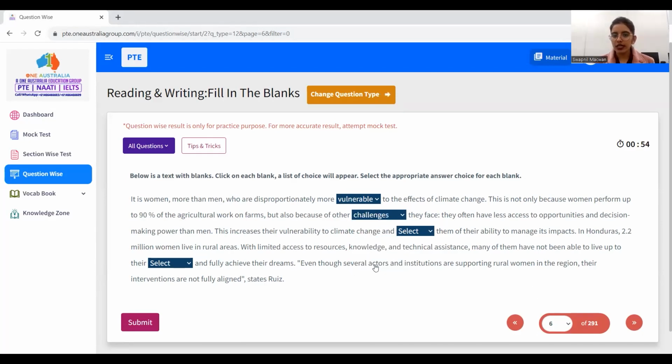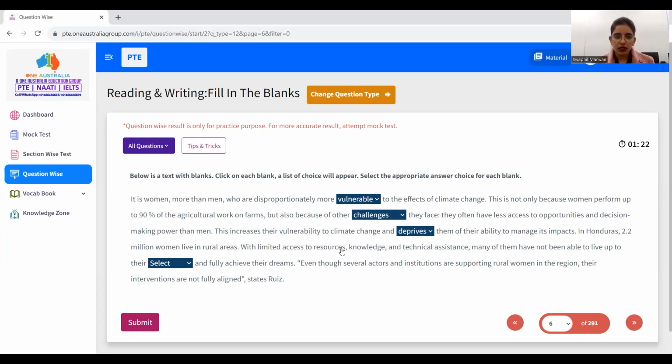They face challenges. This increases their vulnerability to climate change and dash them of their ability to manage its impact. This increases their harmfulness and effect, and that deprives them.